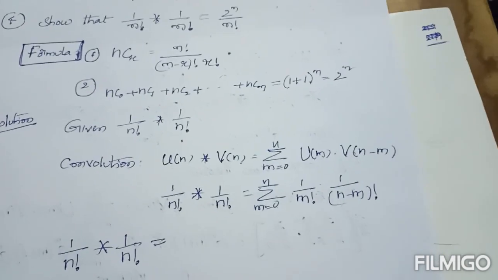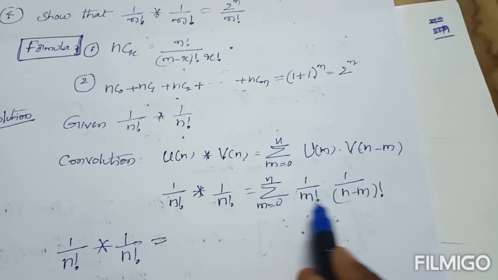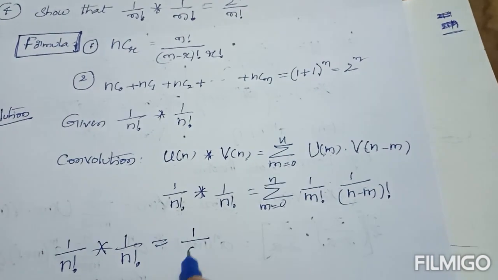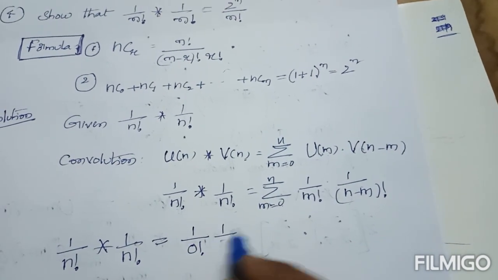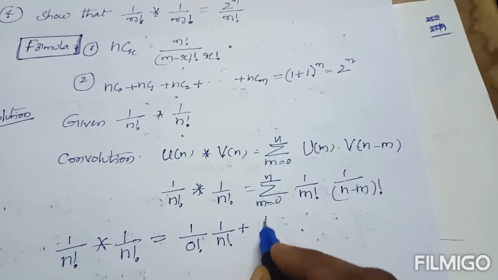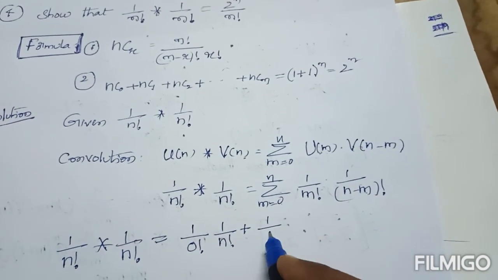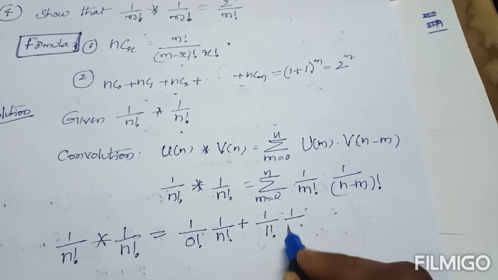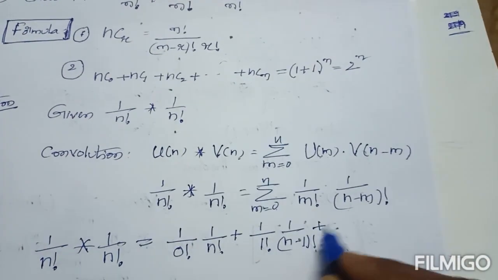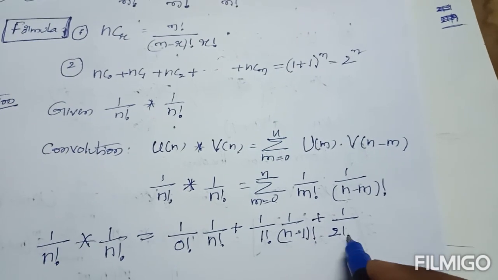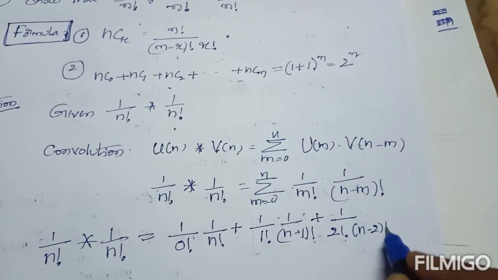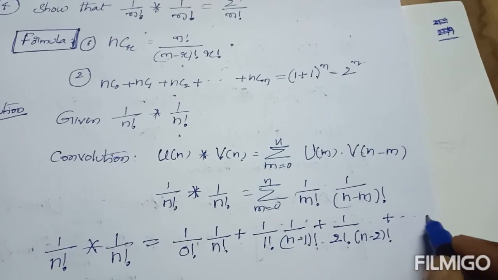For m equal to 0, the corresponding term is 1 by 0 factorial, 1 by n minus 0 factorial, plus, for m equal to 1, 1 by 1 factorial, 1 by n minus 1 factorial, plus 1 by 2 factorial, 1 by n minus 2 factorial, and so on.